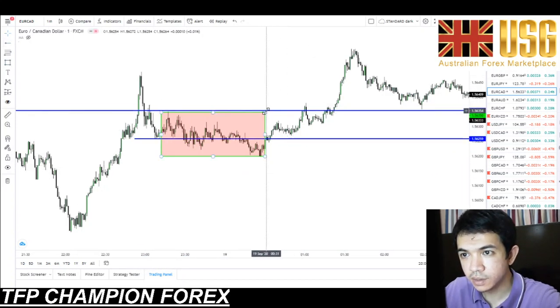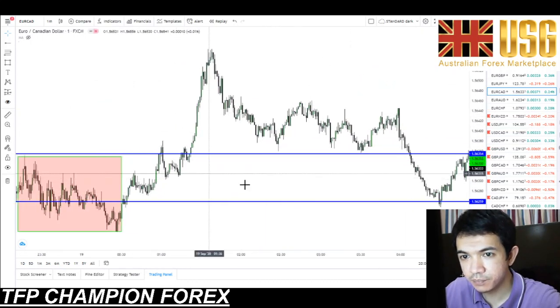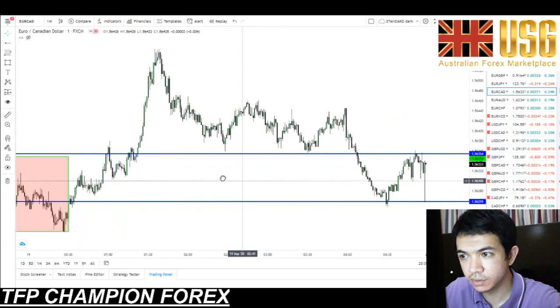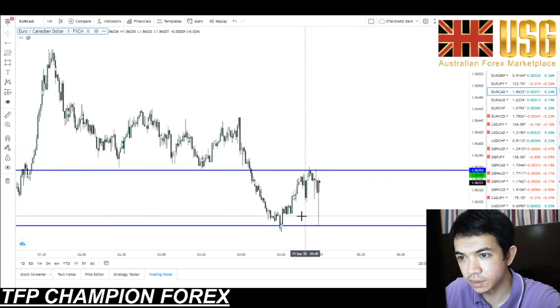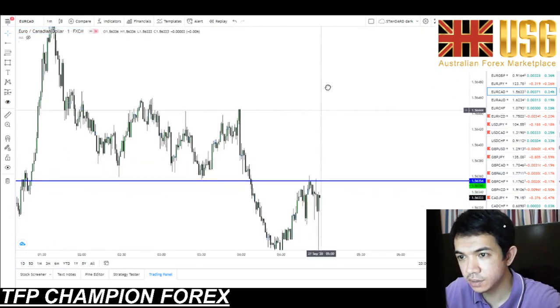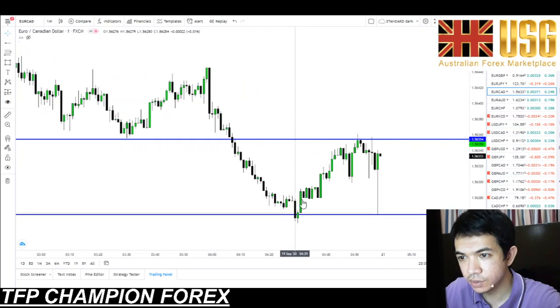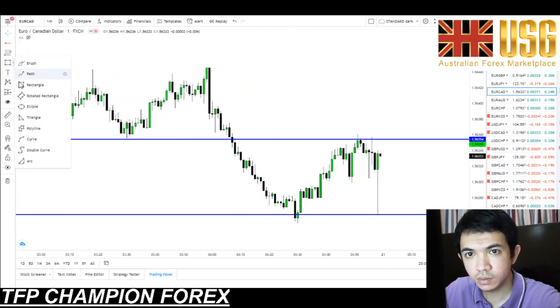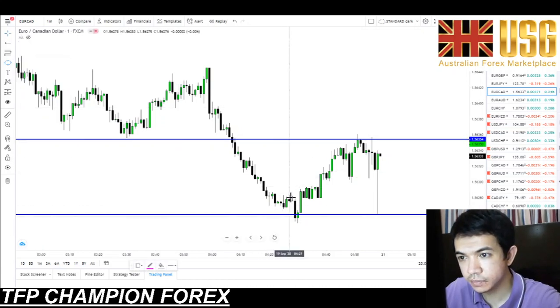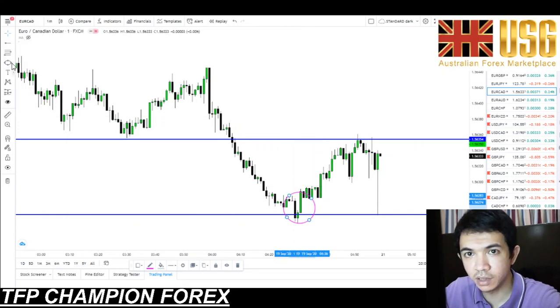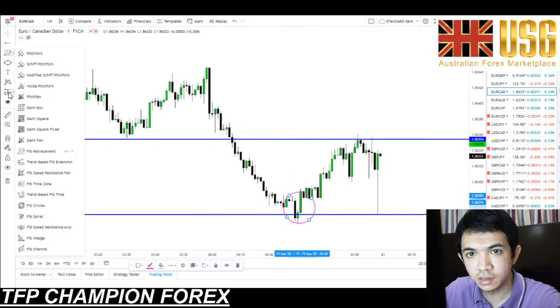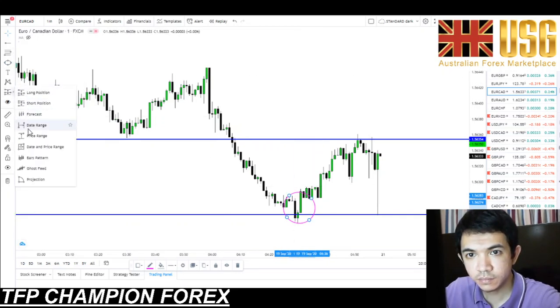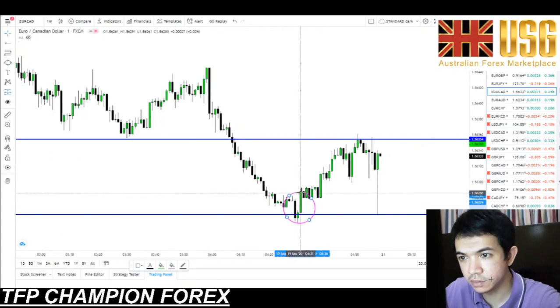So the price broke through this box, and basically my entry will be over here. You see, there's a buying pressure candle showing over here, an engulfing candle. So if I wanted to buy this market, I could have caught this long trade.